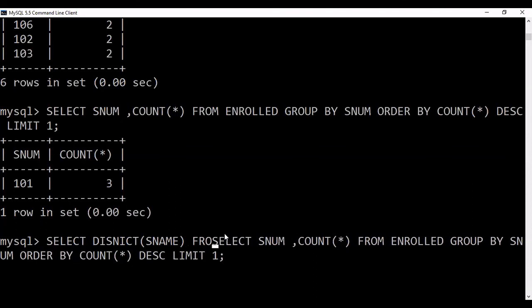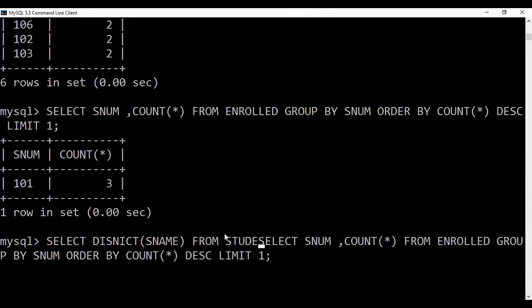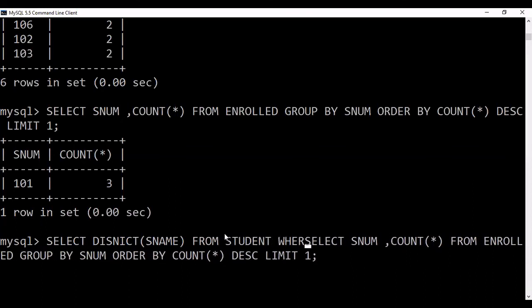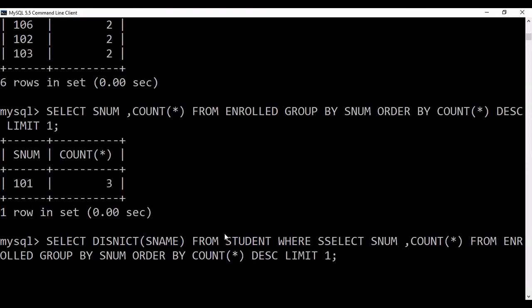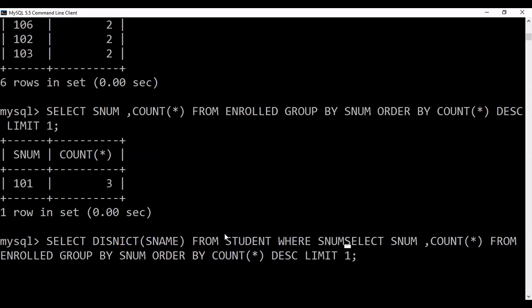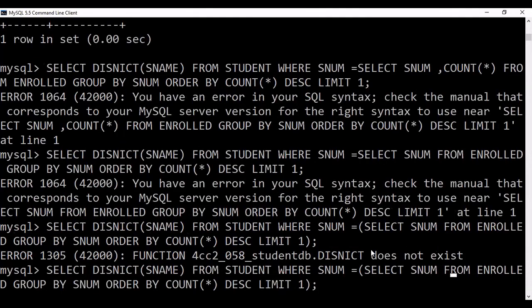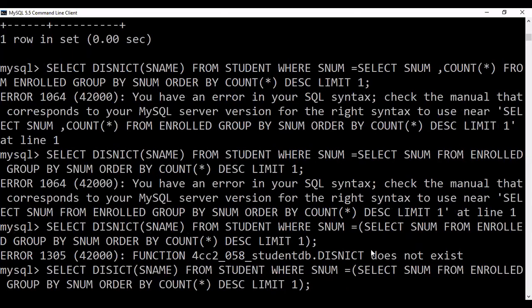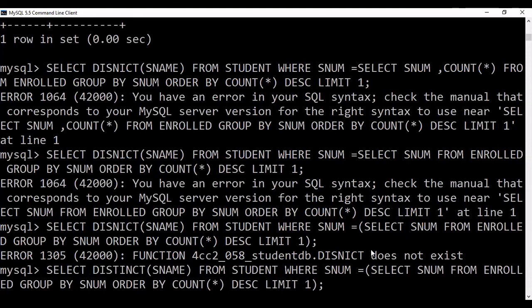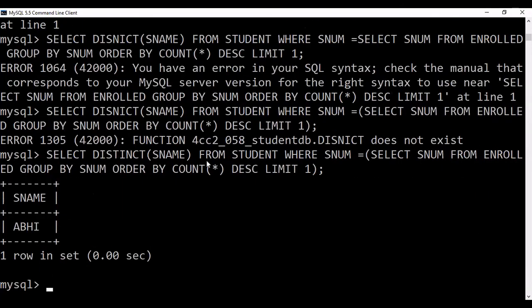From student table, where S number in, or you can compare with the equal operator. That was wrong, that's why it's not showing. DISTINCT. So this is all about the fourth query.